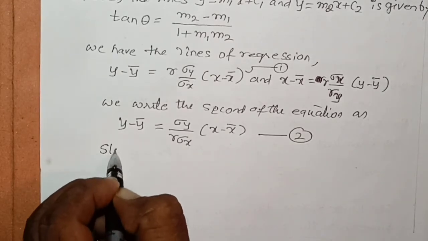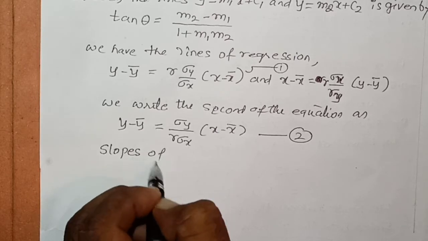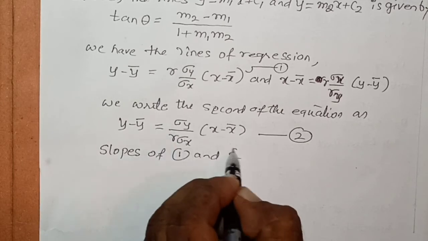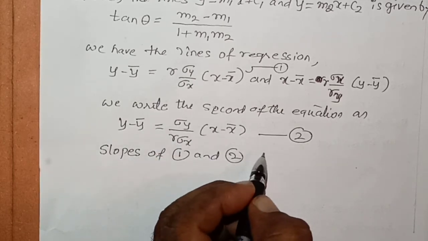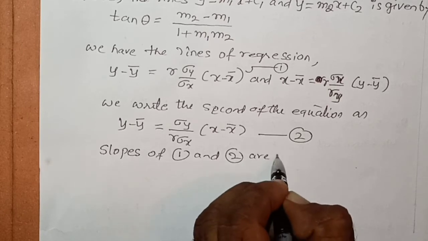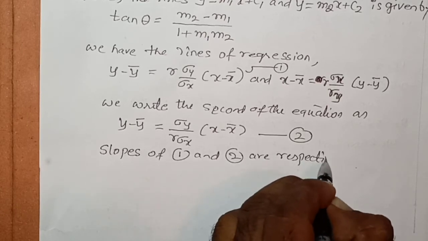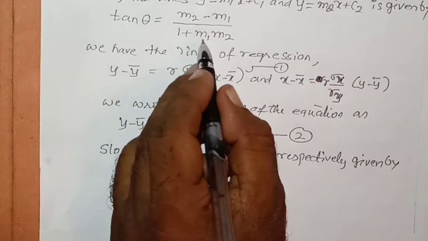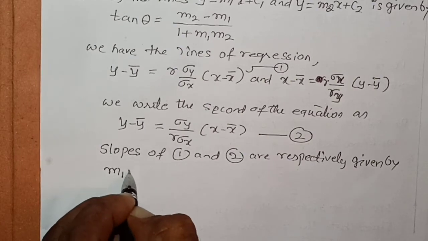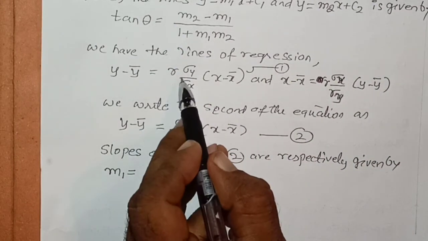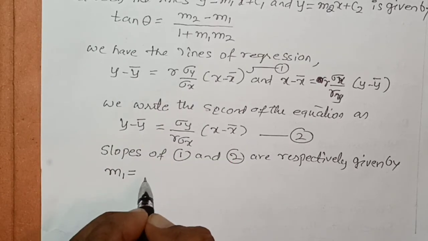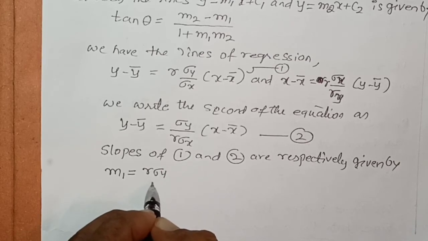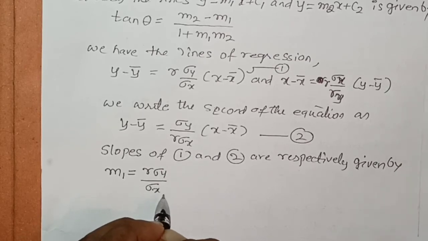Next, the slopes of equation 1 and equation 2 are respectively given by m1 and m2. From equation 1, m1 is equal to r into standard deviation of y divided by standard deviation of x.